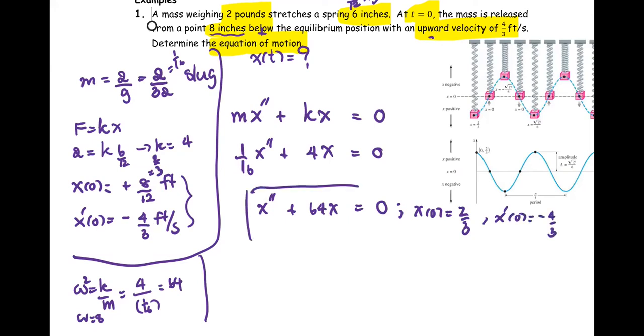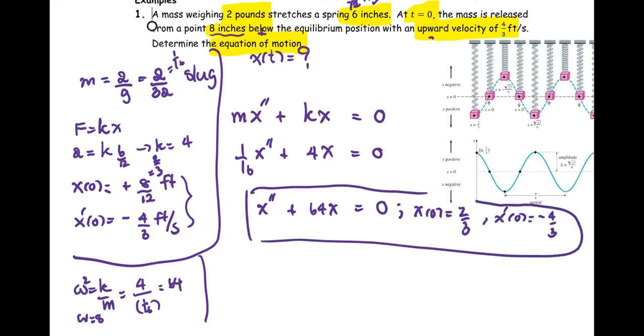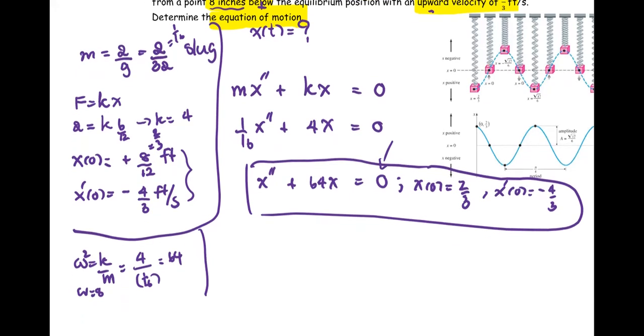And then after you get this differential equation, now back to the same process of what you did in chapter 4. This is homogeneous, so it has nothing to do with the particular solution pattern. It's simple for the undamped free motion.